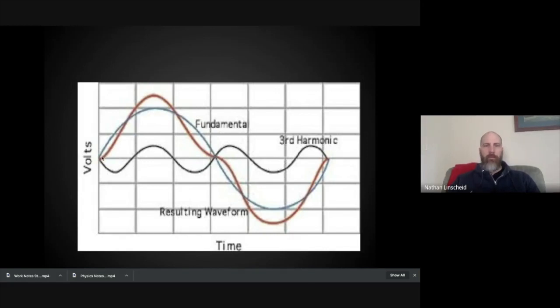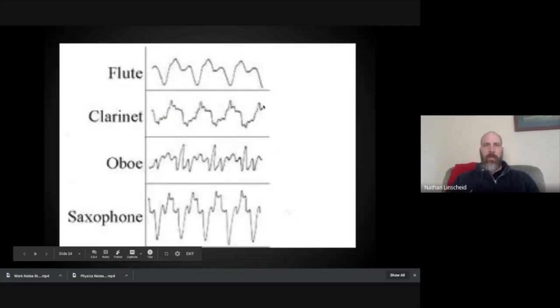And look at that red wave. It's also not a nice, smooth, perfect cosine or sine wave. There's a little hitch in it right here, and then it comes down, and that's going to just continue to repeat.